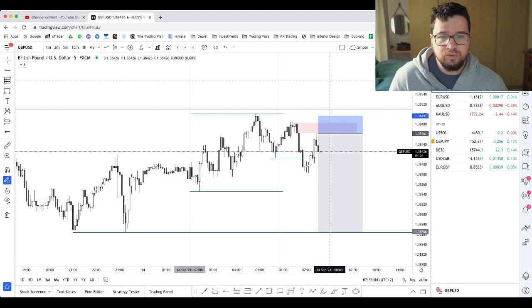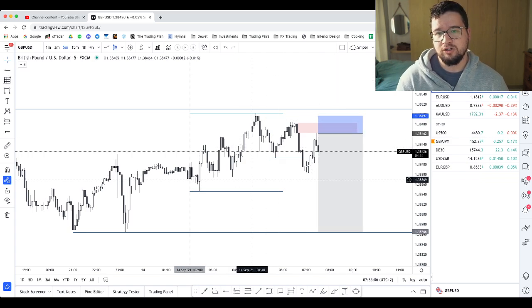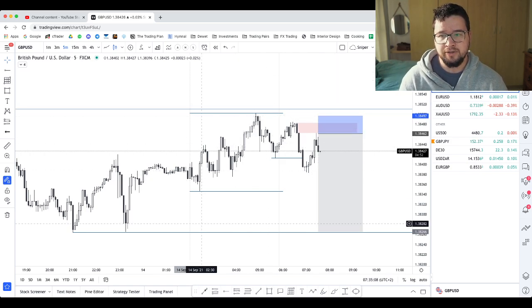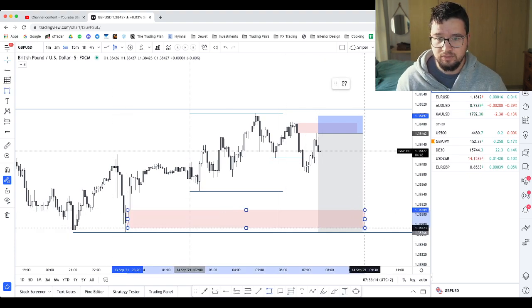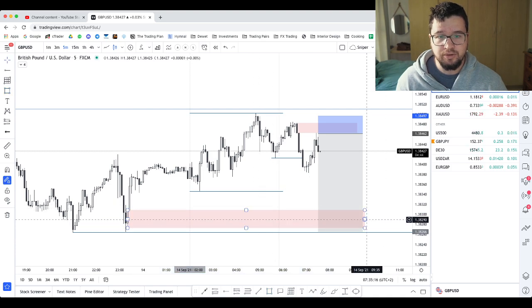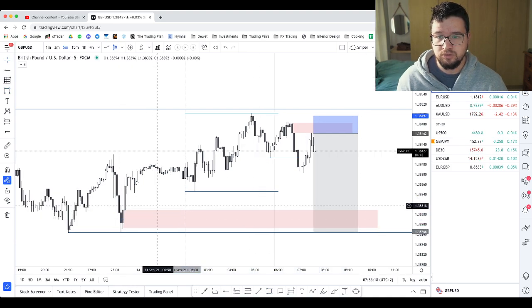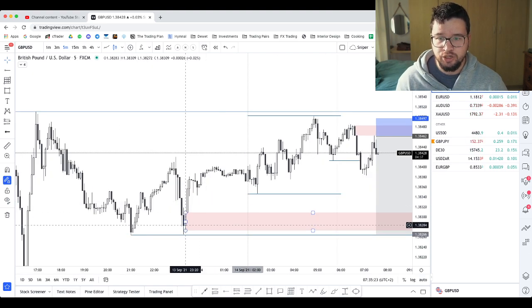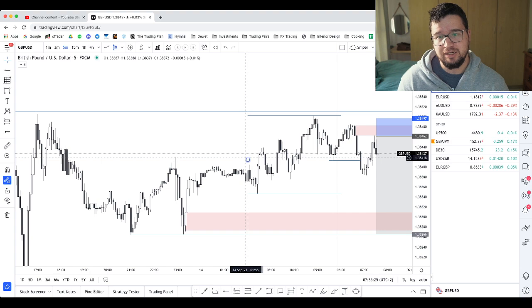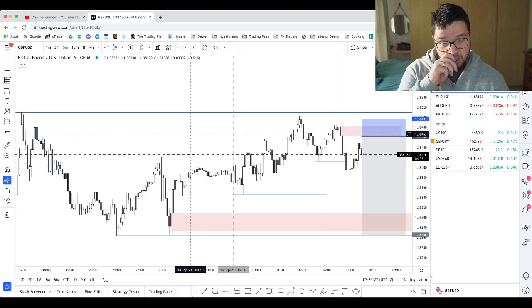So yeah, basically this is what I'm looking at. Looking for liquidity above the Asian high and lows. This is a decent area for buys as well, because it's below the Asian lows. It's a clean, solid order block, but it's not a strong impulsive move towards the upside. So that's a knock on it.